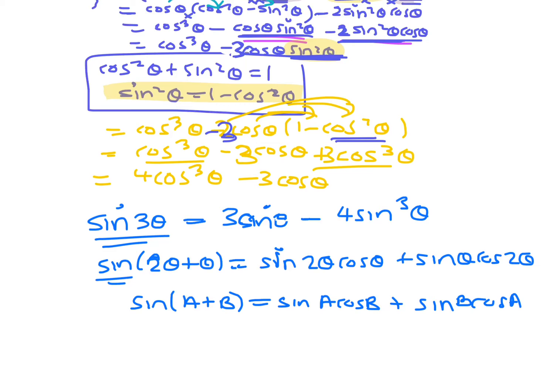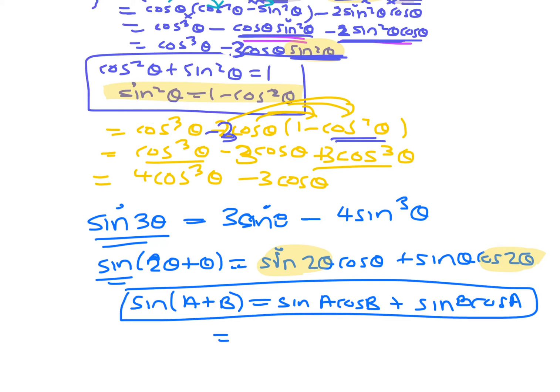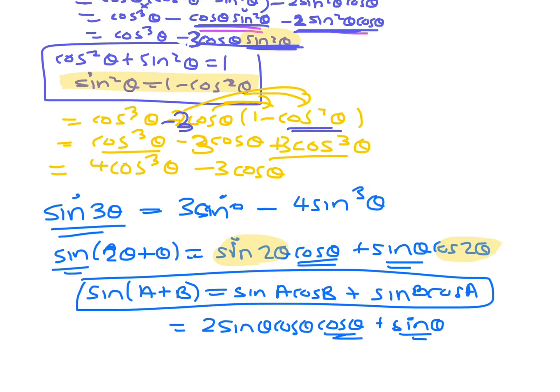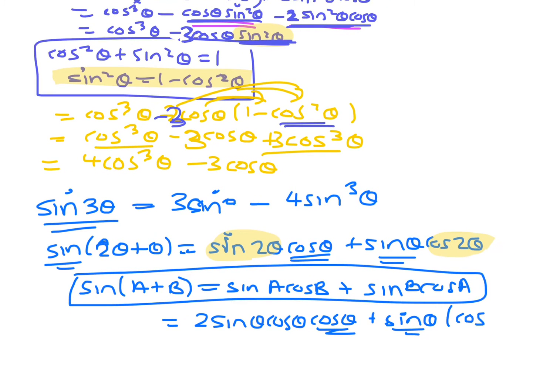Now if you take the sine 2 theta and change it using the 2 theta rules, it's going to be 2 sine theta cos theta, and then times this cos theta, plus sine theta, and then we take the cos 2 theta and change it to cos squared minus sine squared.